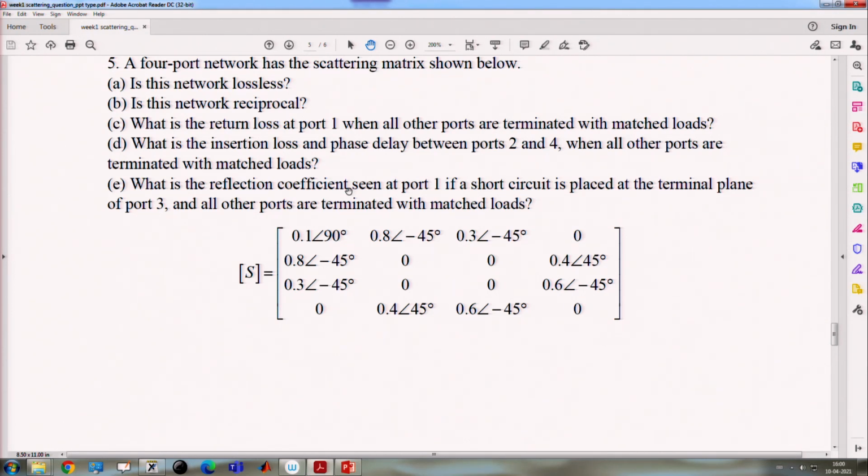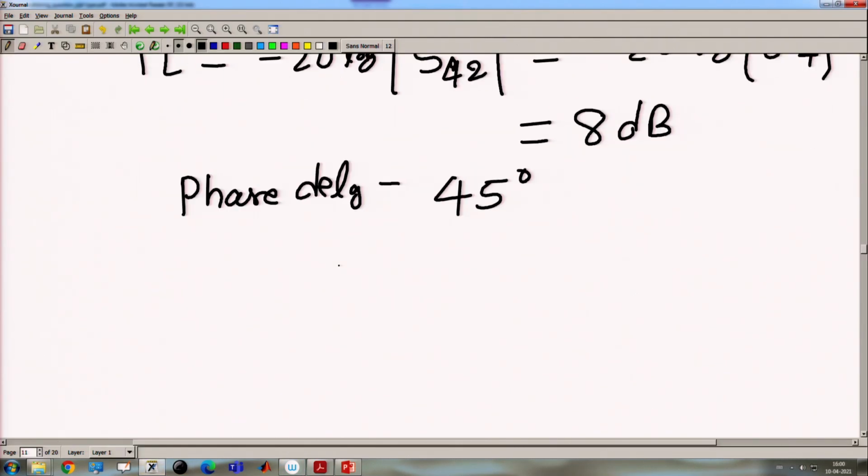what is the reflection coefficient seen at port 1, means we have to find out S11 when short circuit is placed at port 3 and all other ports are terminated with match load. So, port 3 will be short circuit and other ports will be matched. So, V2 plus equals V4 plus equals 0.